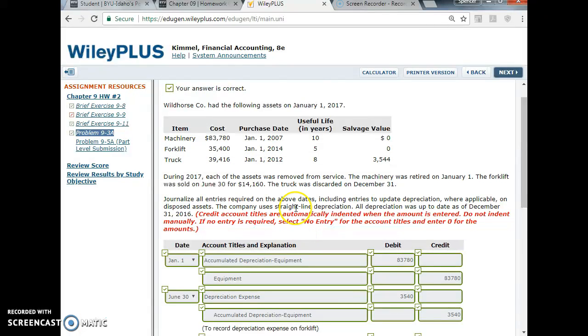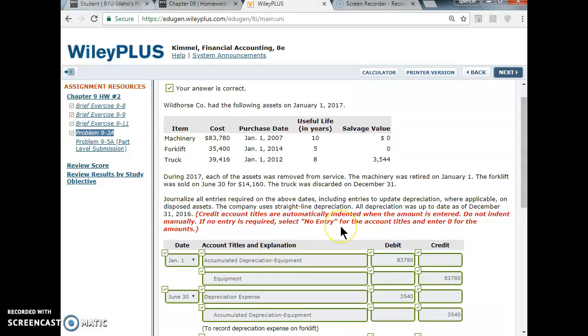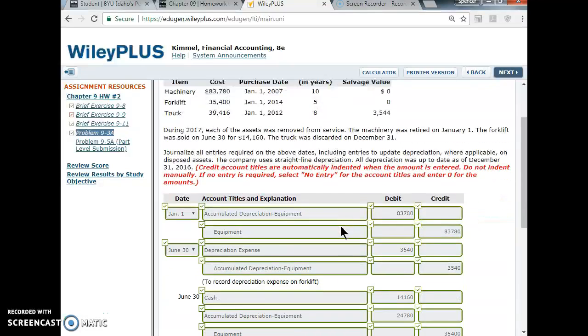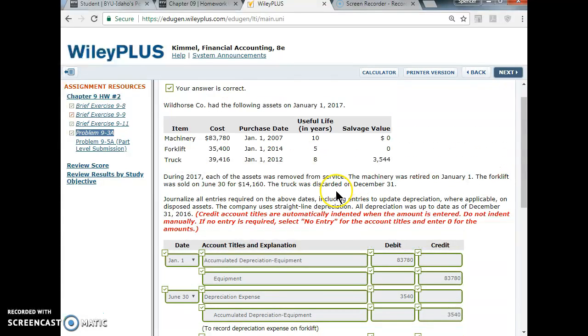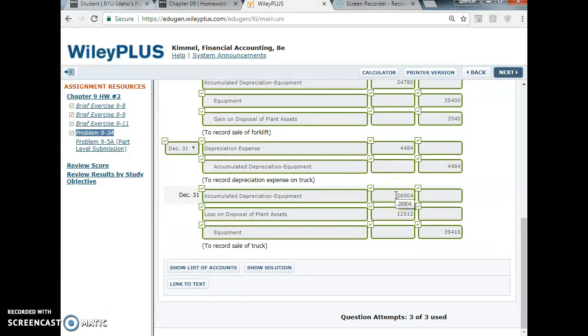We're trying to figure out what the total depreciation was until December 31st, 2017. So that's 6 years, and we just take 4,484 and multiply that by 6 years, and that's $26,904. And that's what we see right here. That's the total accumulated depreciation of the truck.